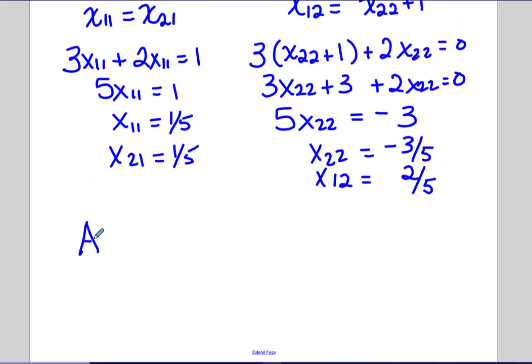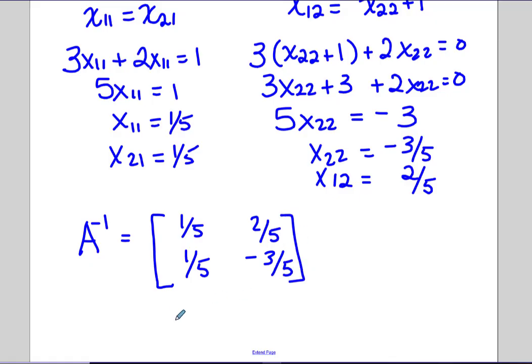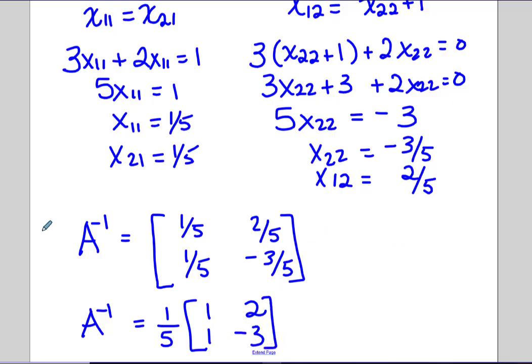So the inverse is going to be row 1, column 1, row 1, column 2, row 2, column 1, and row 2, column 2. And it's also common for us to take out that factor of 1/5 and just have the matrix part be integers here with the scalar out in front. So either way is appropriate, this way or this way.